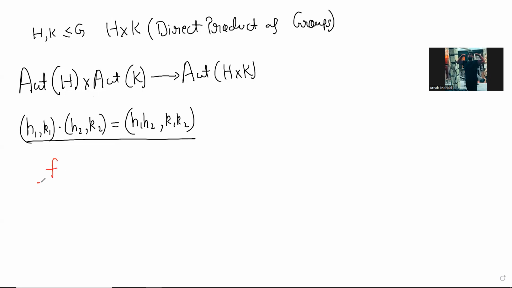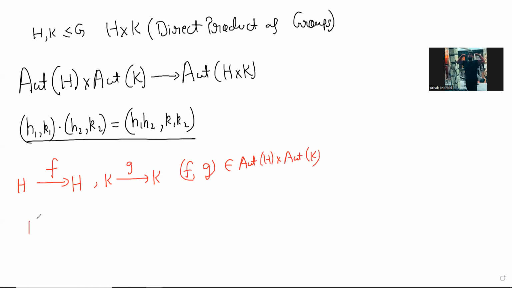So basically, if f is given and g is given, and these are automorphisms, then you just want to produce an automorphism of H cross K. So how will we produce it?